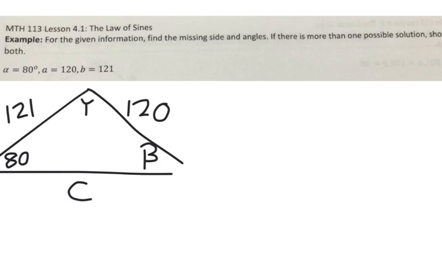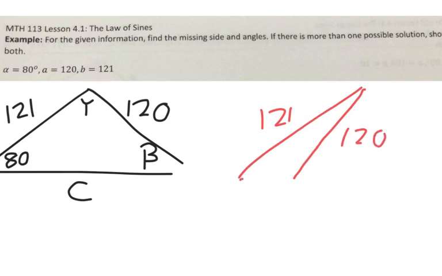So, I did a bad job drawing it. This could still be 121. This could still be 120. And then this would be 80. This would be beta. This would be gamma.